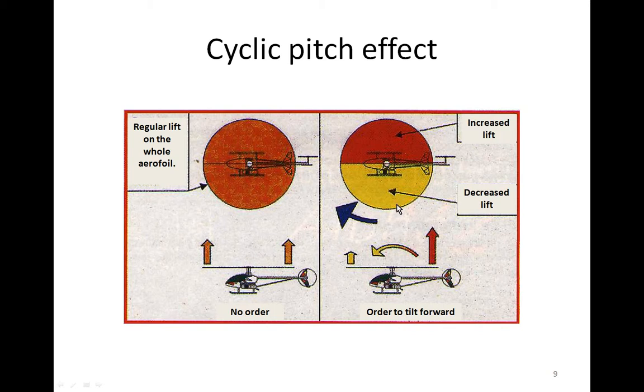But if you are attentive, you are probably surprised by the distribution of the lift. We want to tilt the heli forward, so the distribution of the lift should be on this side, less lift here and higher here.